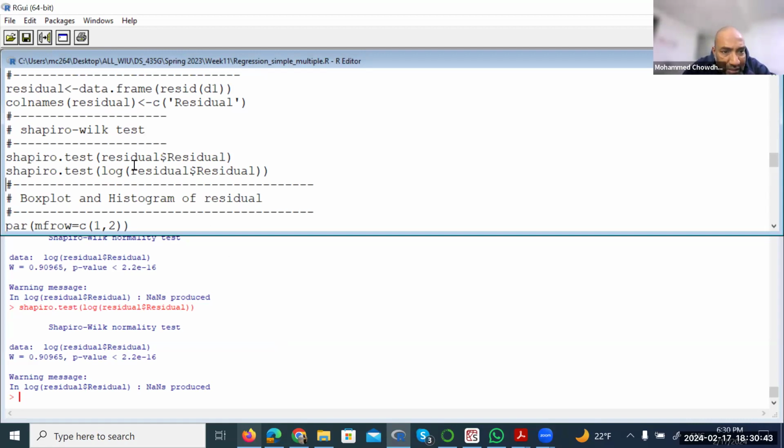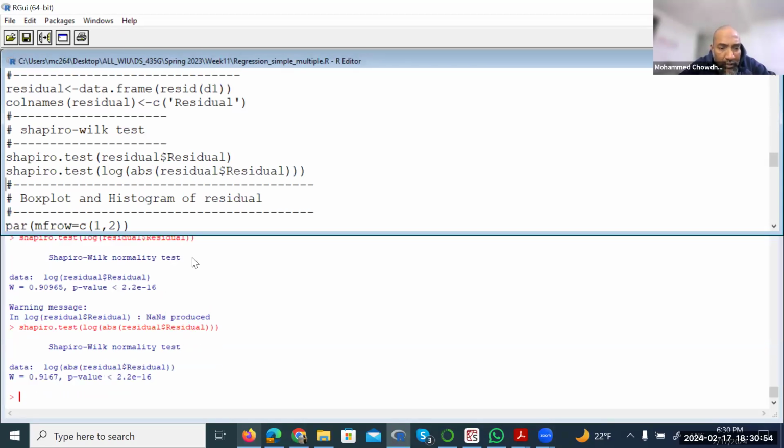So now in such a case, if we put abs there, after doing the logarithm of this, the p-value is still very small. So residual is not normally distributed.